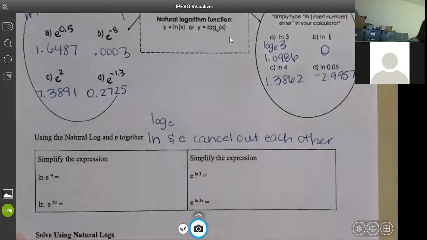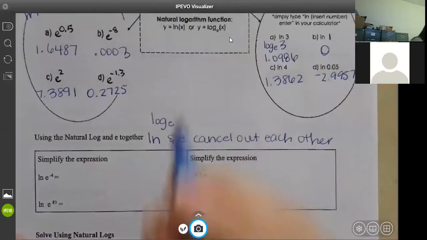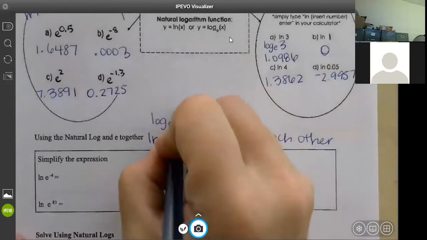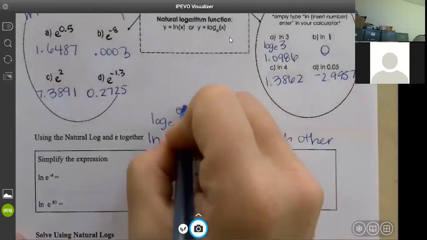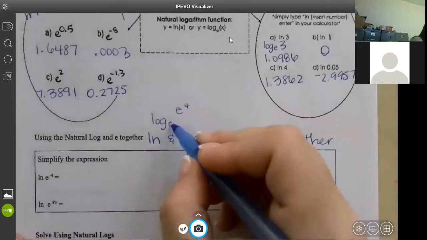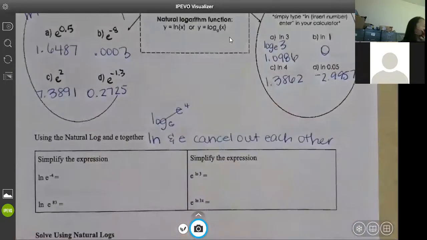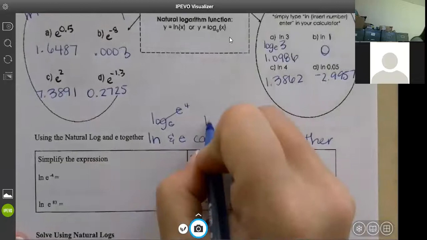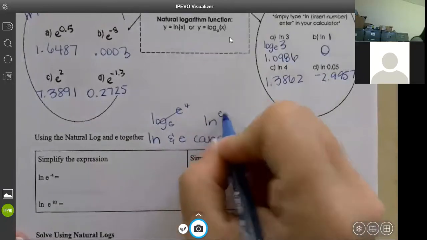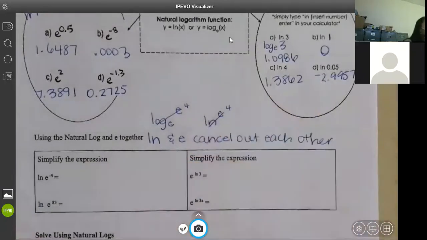If we have log base e of e to the 4th, remember log base e is still ln and e cancel each other out. So again, that's the same thing as ln e to the 4th. They would cancel out and just leave you a 4.